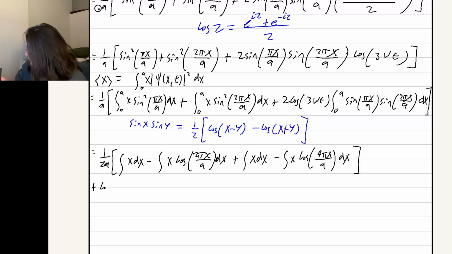So just cosine 3 omega t over a times this stuff in here, evaluated from 0 to a.